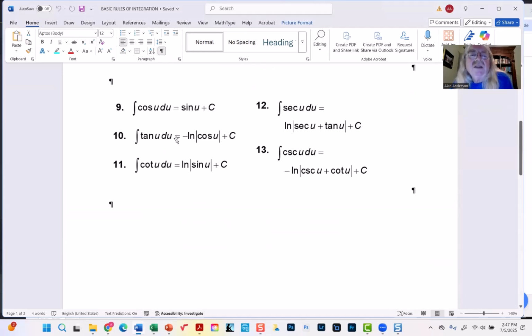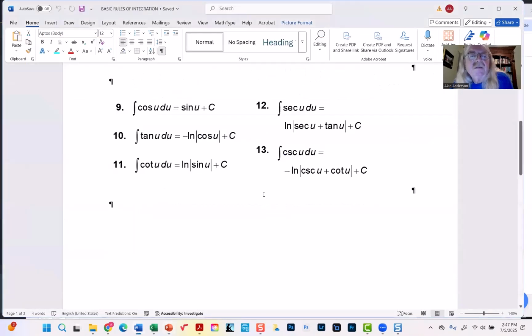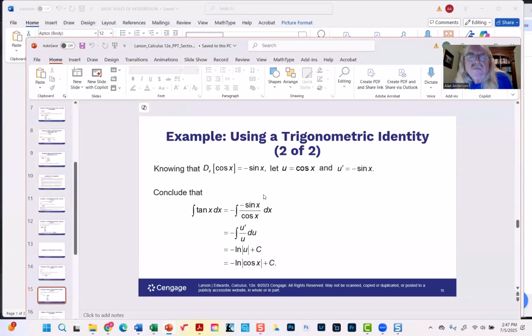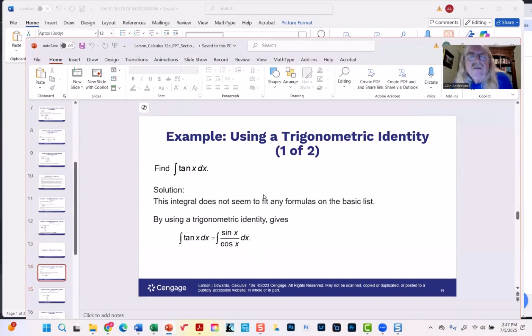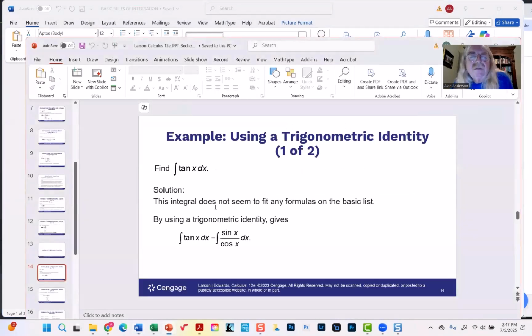Well, it's already there. But now that's interesting. I think somebody's mistaken. It says here this integral does not seem to fit any formulas in the basic list. Well, it's right there. I don't know what that's all about.